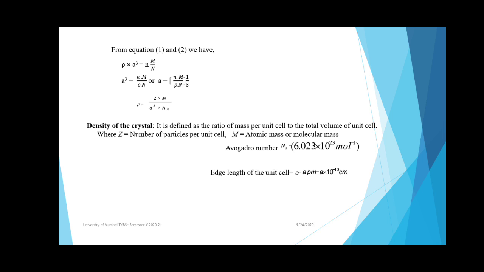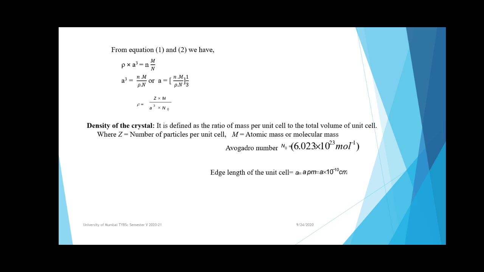So if you rearrange that equation, you will get a cube equal to n into m upon rho into N, or a is equal to (n m upon rho N) raised to the power 1 by 3.